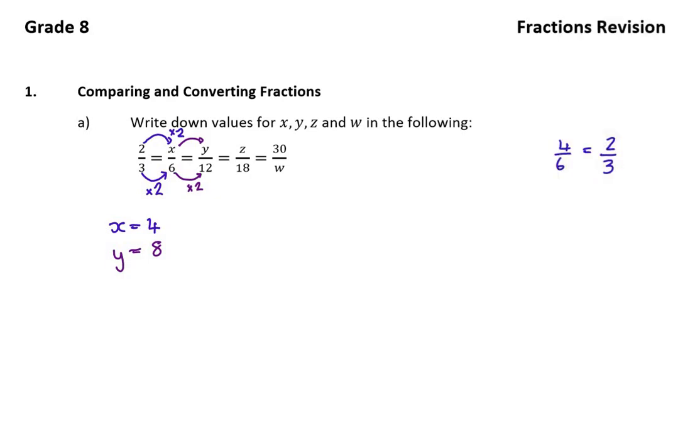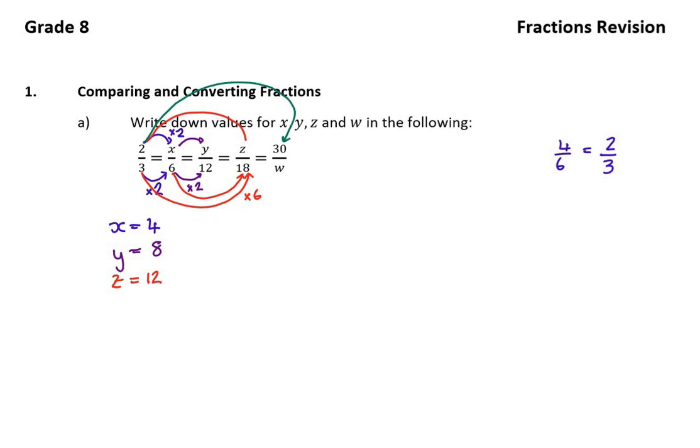If I have a look at the next fraction, I don't know how to go from 12 to 18, so what about from 6 to 18? Or what about from 3 to 18? Well, if I go from 3 to 18, I've multiplied by 6, so 2 times 6 will give me z, and so z is 12. And finally, how do I go from 2 to 30?